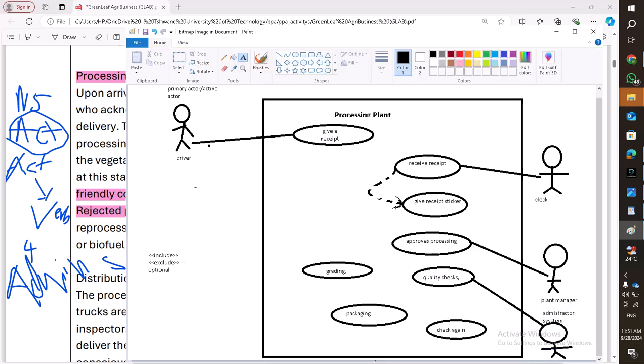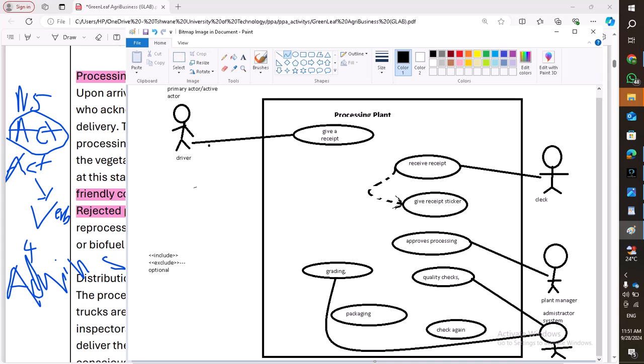The administrator system. Then it will take, and also it will undergo this process again, branding. Okay, let me say I'm going to use this one for training.